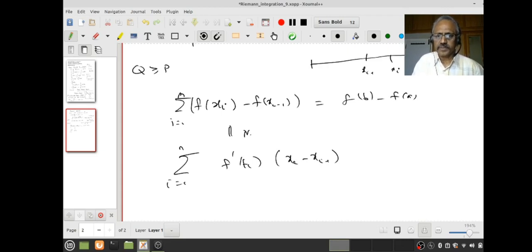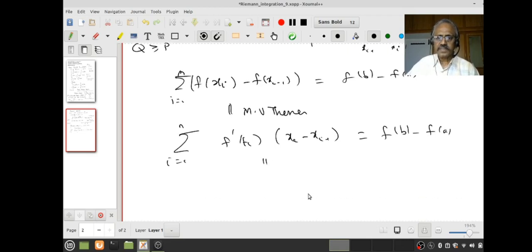This is by the mean value theorem. Therefore that is equal to f(b) - f(a). But what is this? This is nothing but the Riemann sum of f' with respect to the partition Q and with respect to the tags t_1, t_2, ..., t_n. You understand this? All right.